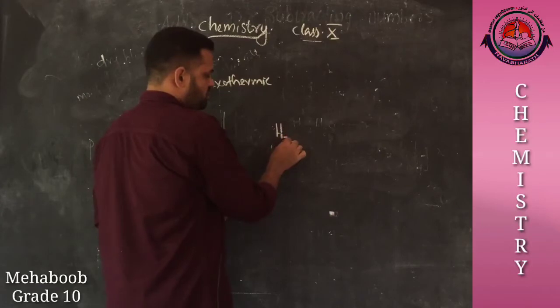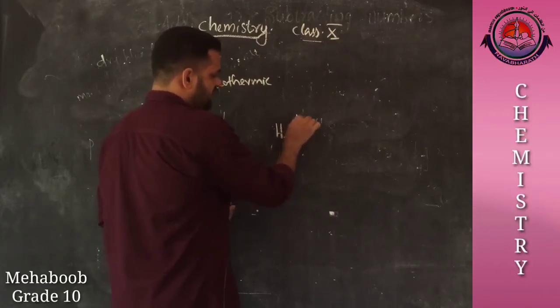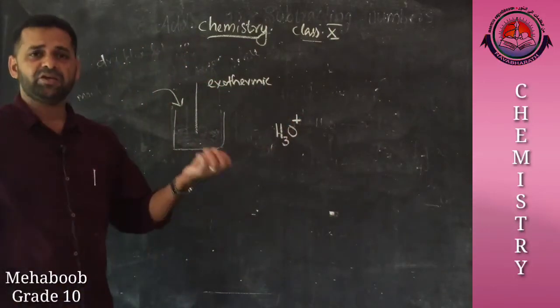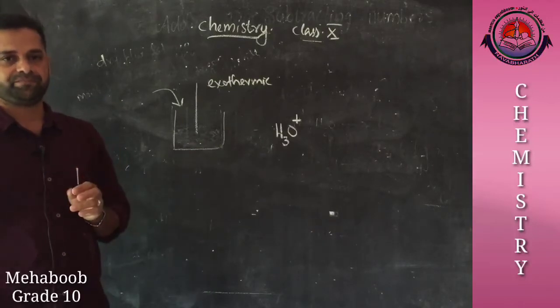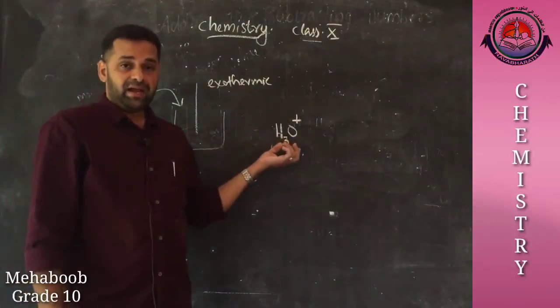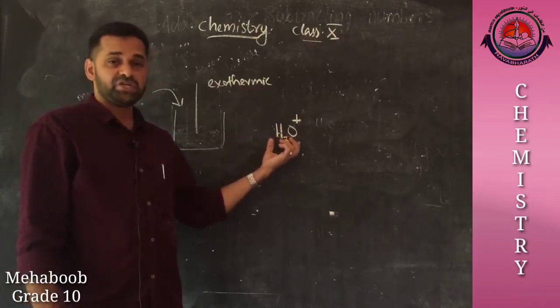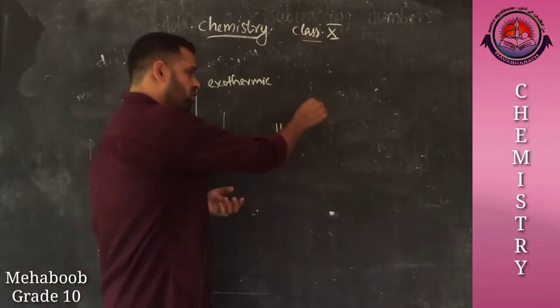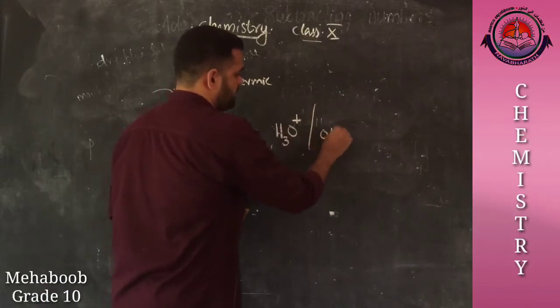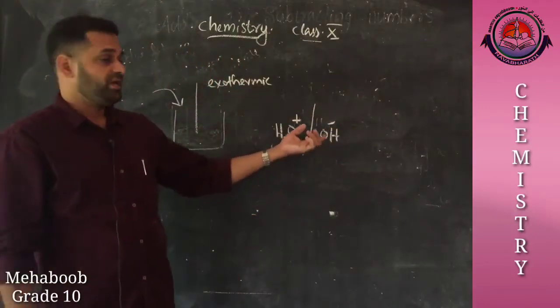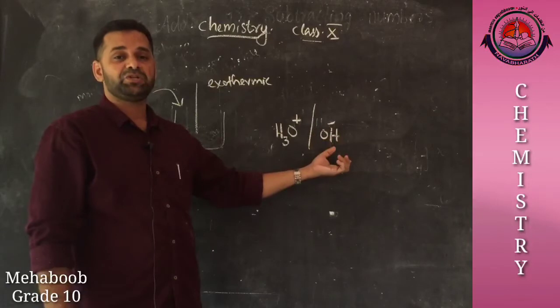The concentration of H3O plus ions per unit volume decreases, or the concentration of OH minus ions in the case of bases decreases per unit volume.